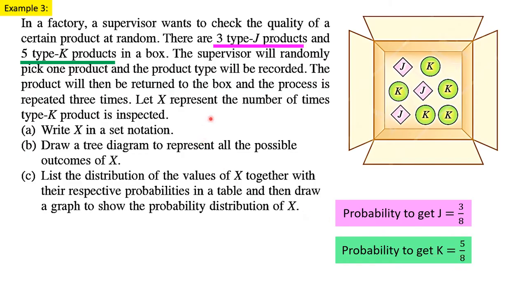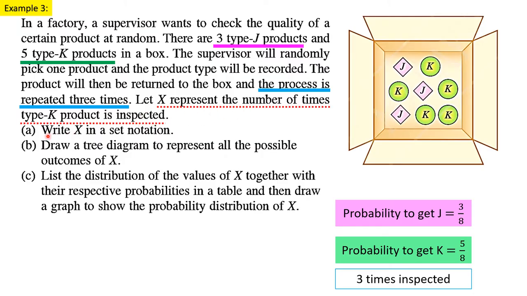The question tells that the process is repeated 3 times, that means 3 times of inspection. X represents the number of times type K product is inspected.